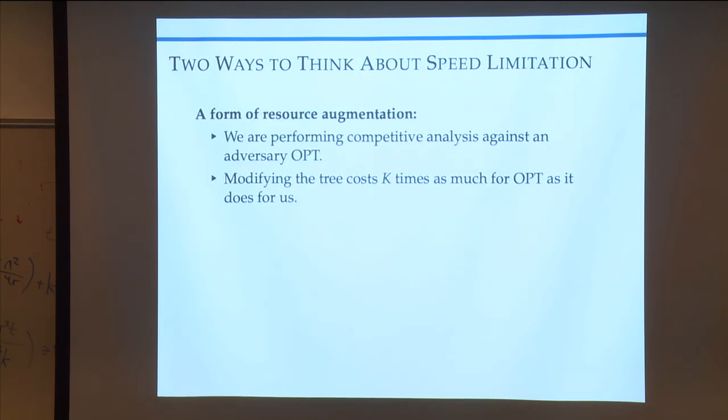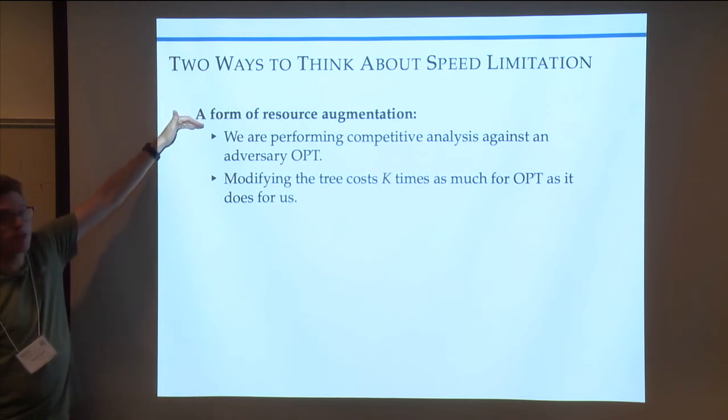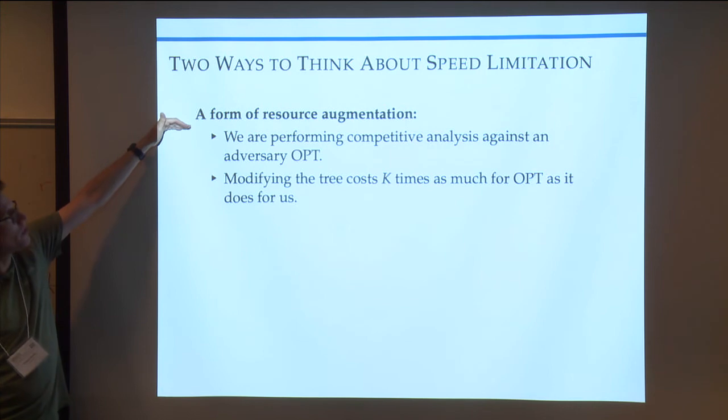And we can think about it in 2 different ways. I'm now basically, I think it's this slide, or maybe only one other slide. I'm trying to get excited about what the open questions are here. Speed limitation, we can think about it in 2 ways.